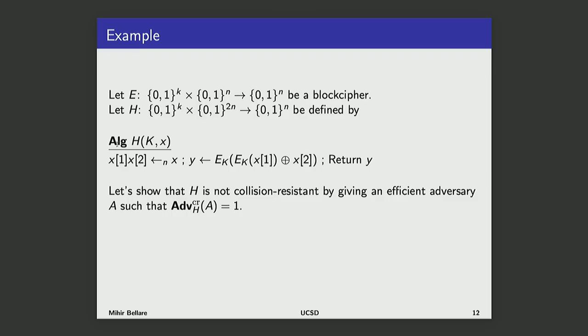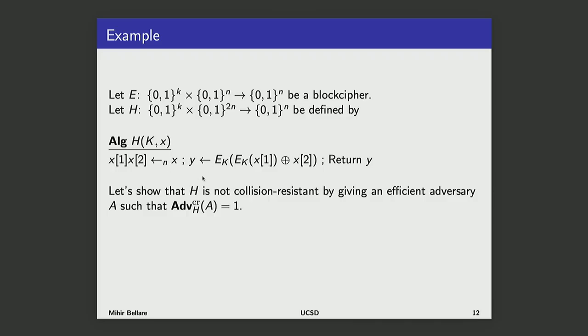So here's my attempt. It takes a key from here, and this x we know is now 2 n bits long. So the natural idea is, given that E takes n-bit inputs, I'll break this x into 2 blocks, each n bits long. And remember, this notation, which will appear repeatedly, says that this string is broken into n-bit blocks, and you have here as many blocks as you'll get out of that.